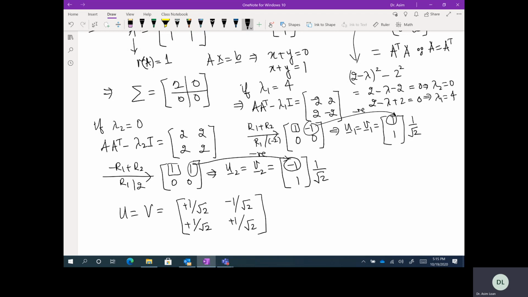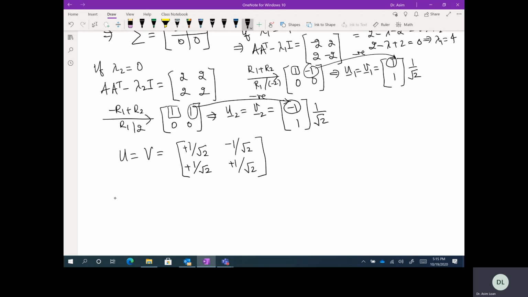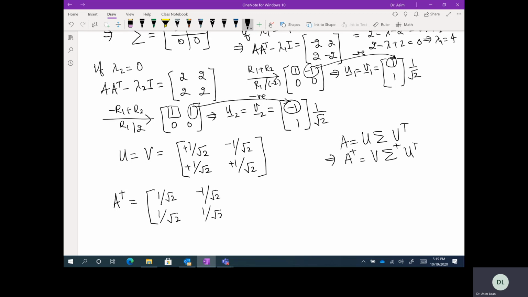Okay. And what you can do is the pseudo inverse here. A is U sigma V transpose, which implies A pseudo inverse is V sigma plus U transpose. V is 1 over root 2, 1 over root 2, minus 1 over root 2, 1 over root 2.